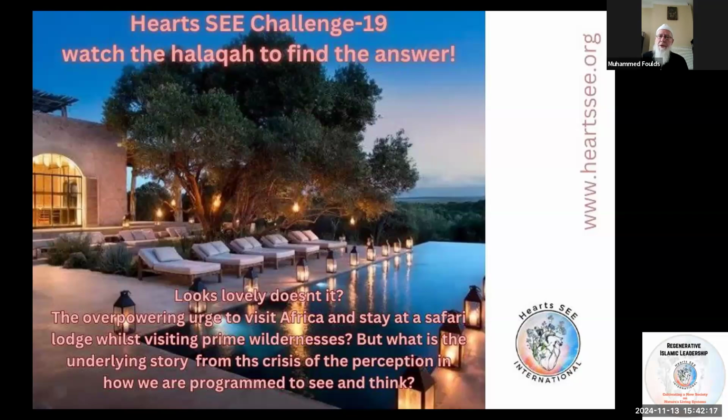A normal picture that you would see on a website of a safari, a beautiful lodge in Tanzania, Kenya, Botswana, showing you the swimming pool and the sunset. It would show you the drives and amazing scenery of the big five, elephants and your big cats, etc. Looks very beautiful and inviting you to be part of it.